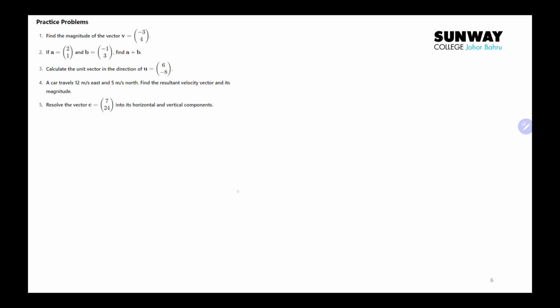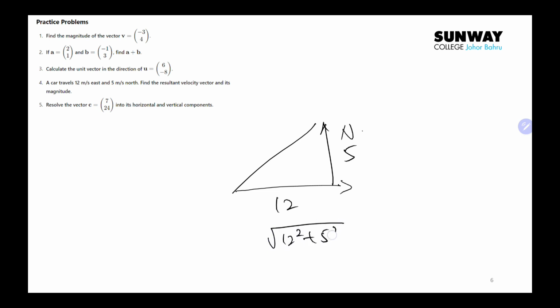A car travels 12 meters per second due east and 5 meters per second due north. What is the resultant velocity? Again, you are using Pythagoras' theorem: 12 squared plus 5 squared, and the answer is 13 meters per second. You can also figure out its direction if you would like to.